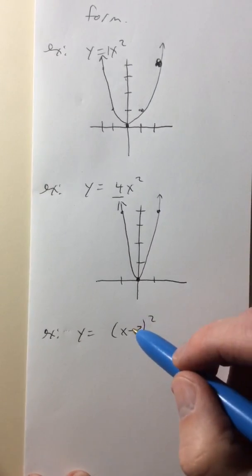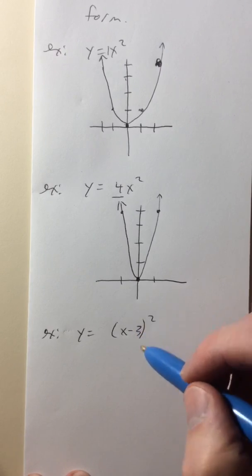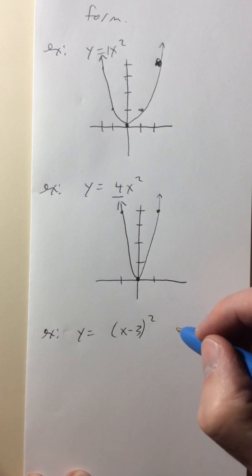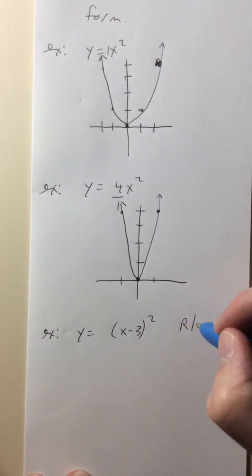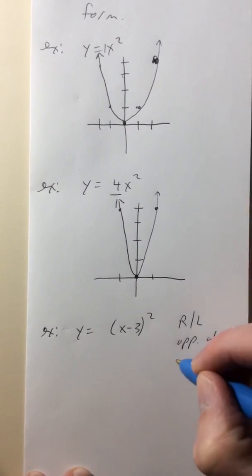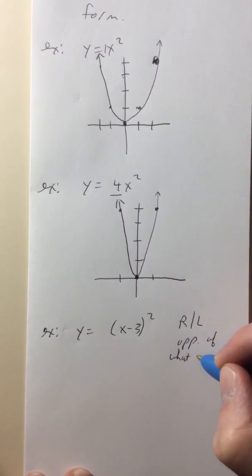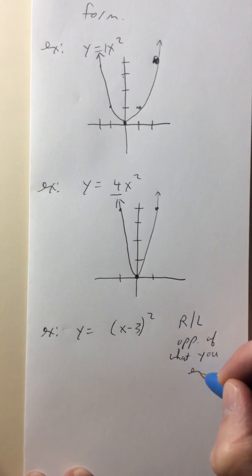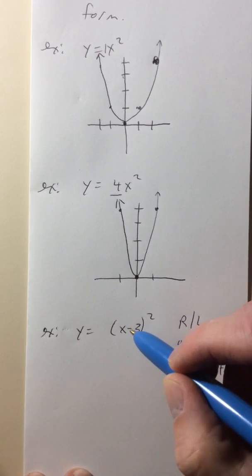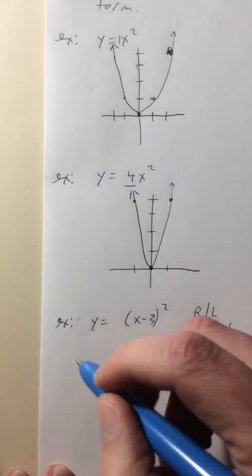Okay, if we add or subtract a number on the inside of the parentheses, inside of the function, we're going to move it to the right or the left, opposite of what you think. So right or left, opposite of what you expect. So you would expect this to go left 3, but it really goes right 3.